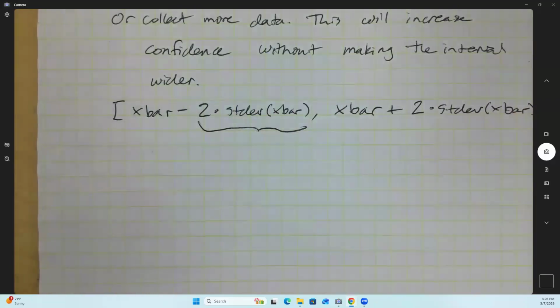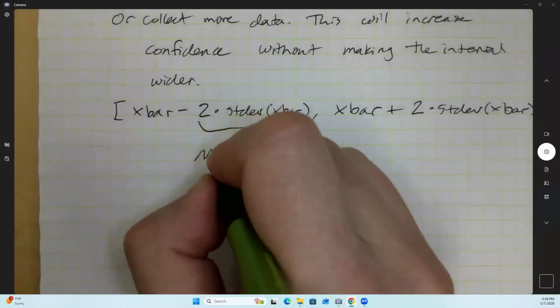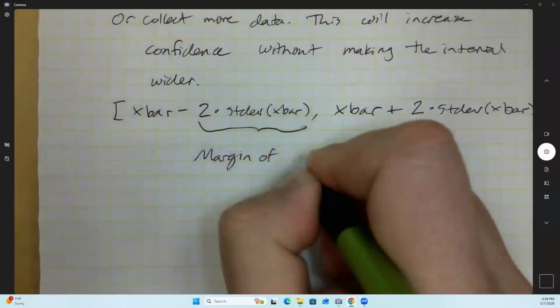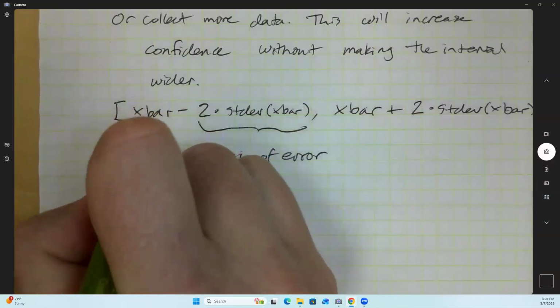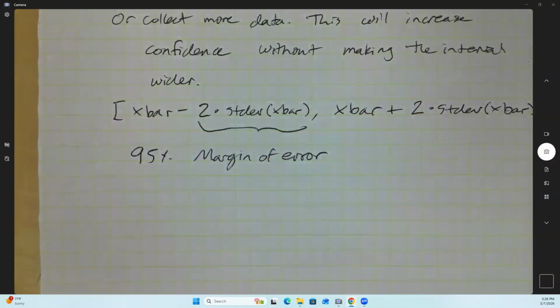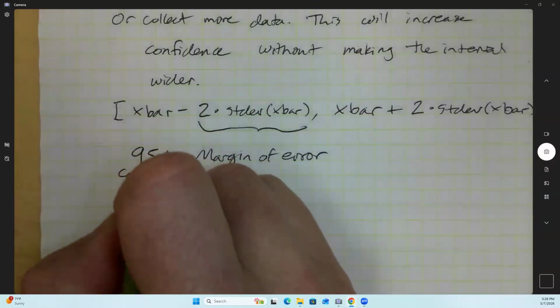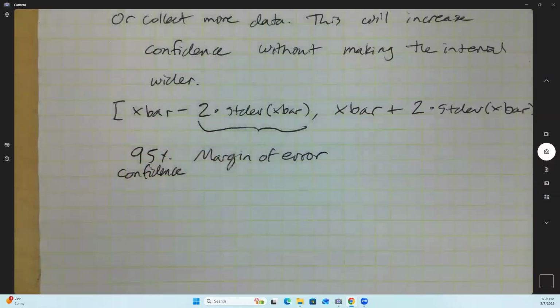This 2 times the standard deviation of x bar is referred to as the margin of error. In particular, it's a 95% confidence margin of error.